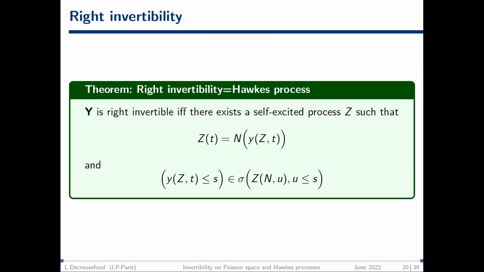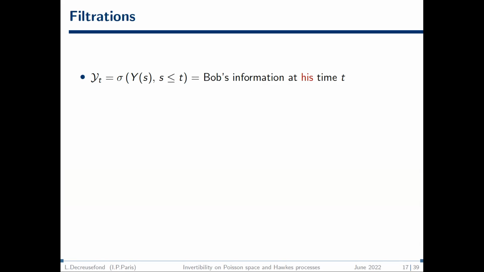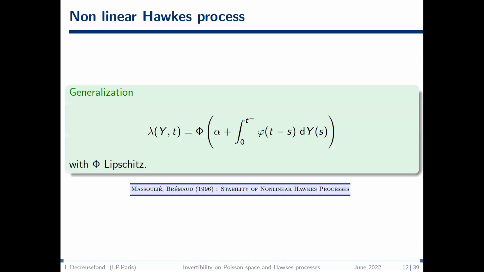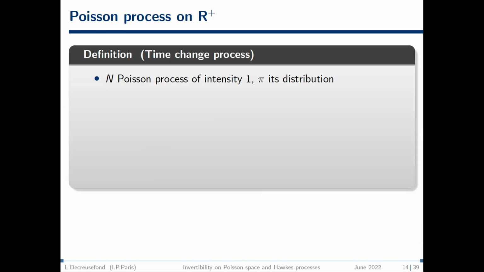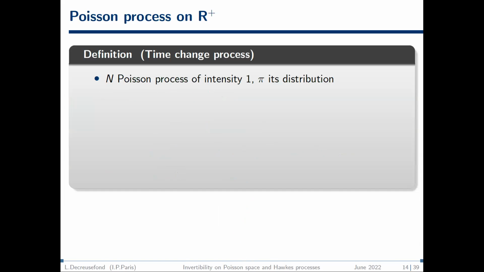And you have more than that: Y of Z of t less than s is in the filtration generated by Z up to time s. So if you recall what I said, question 2 was, no, I skipped question 2, I guess. No, it was before, no, back.